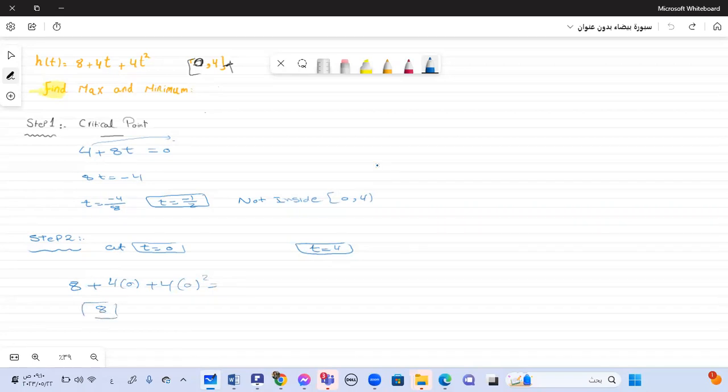Now substitute by 4: 8 + 4 multiplied by 4 + 4 times 4 squared. Use the calculator to find this answer. It equals 88.